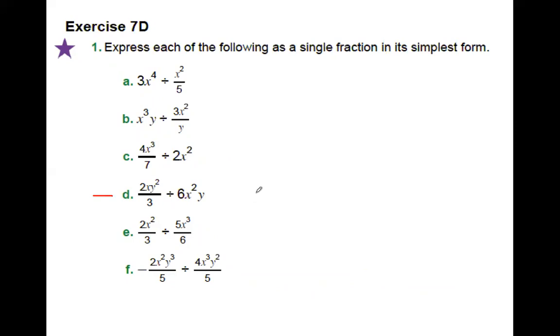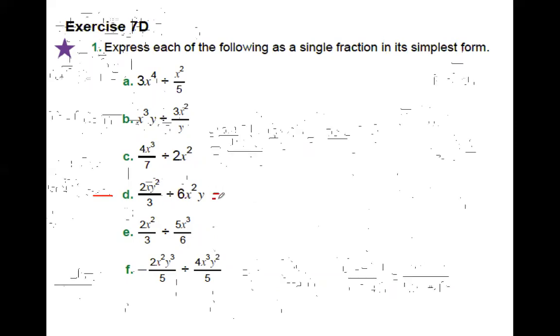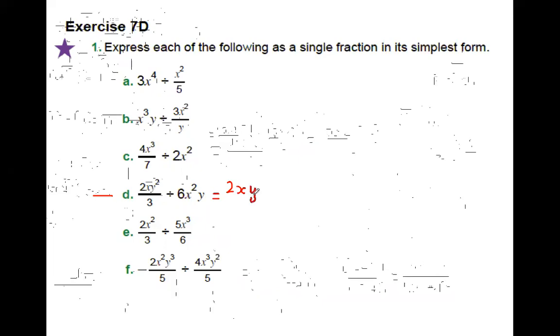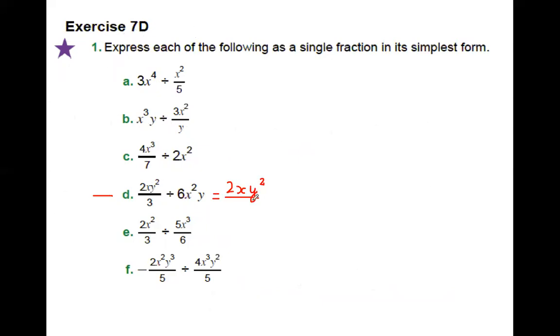So let's try D. So this time we've got 2x squared. First thing first is I'm going to change my division into a multiplication because that's easier for me. So 2x y squared divided by 3 times, remember this 6x squared y is the same as 6x squared y divided by 1.